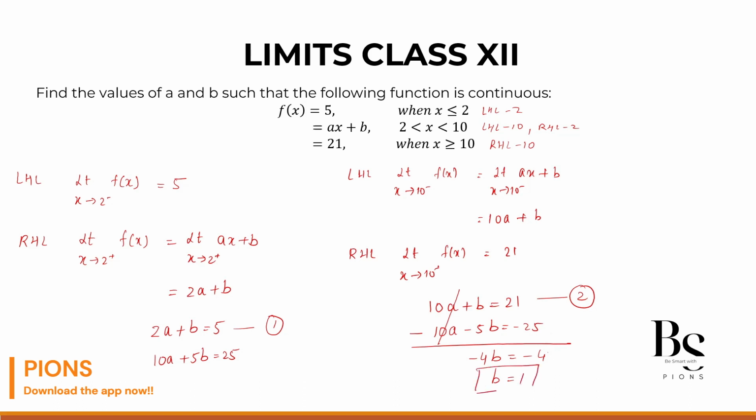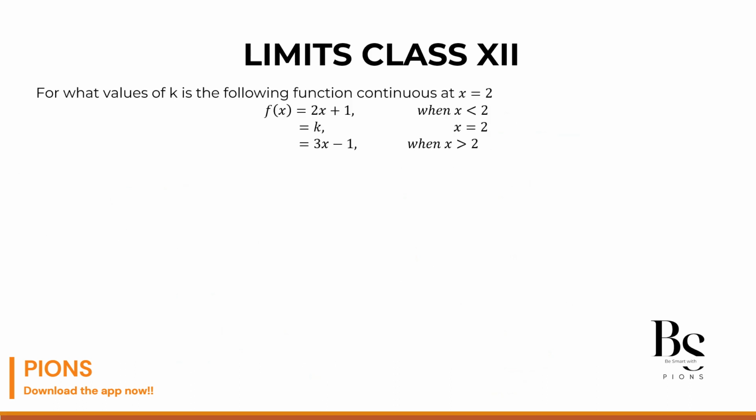So b equal to 1. Let's substitute the value of b in the first equation. So from first equation, 2a will be equal to 5 minus b, and a will be equal to 5 minus 1, 4, 4 divided by 2, which is 2. So a is 2 and b is 1. I hope this is clear. Let's move to next one.